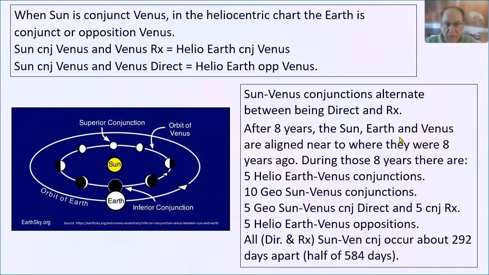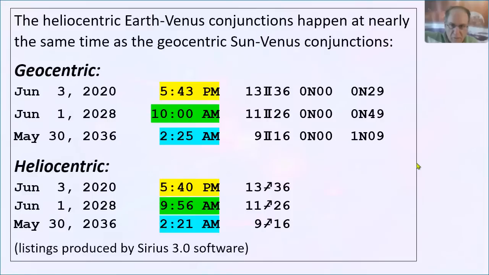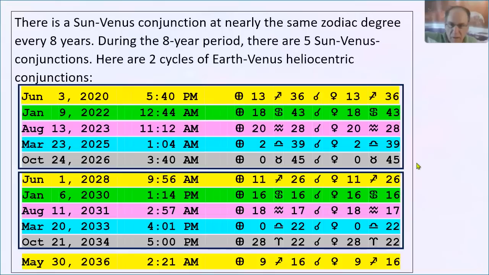Now let's summarize some bottom line conclusions to show you how this can help remove some misunderstandings. I've got them summarized here at the bottom. In 8 years, let's go back to our 8-year cycle. This listing is done helio, because in helio it's simpler.